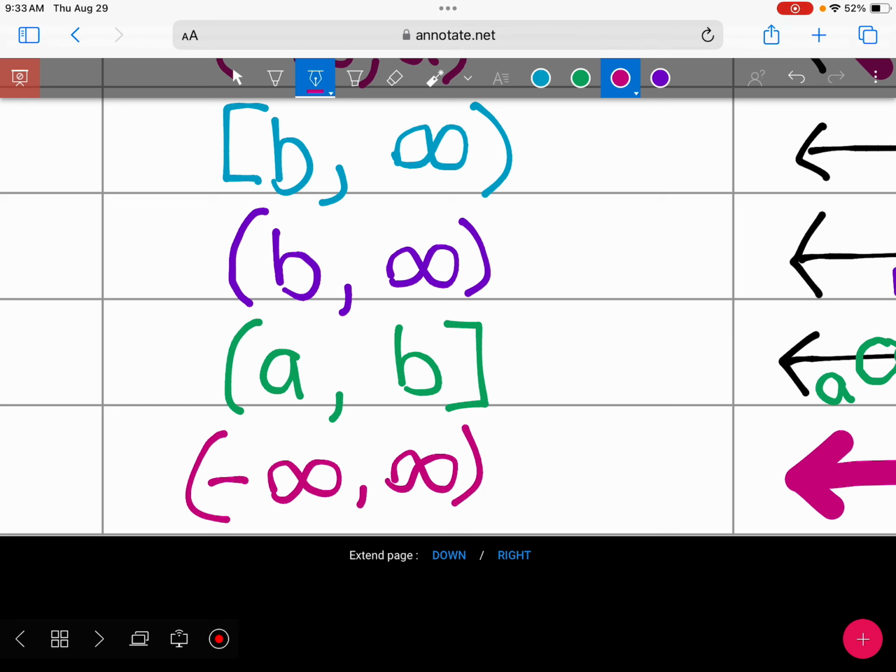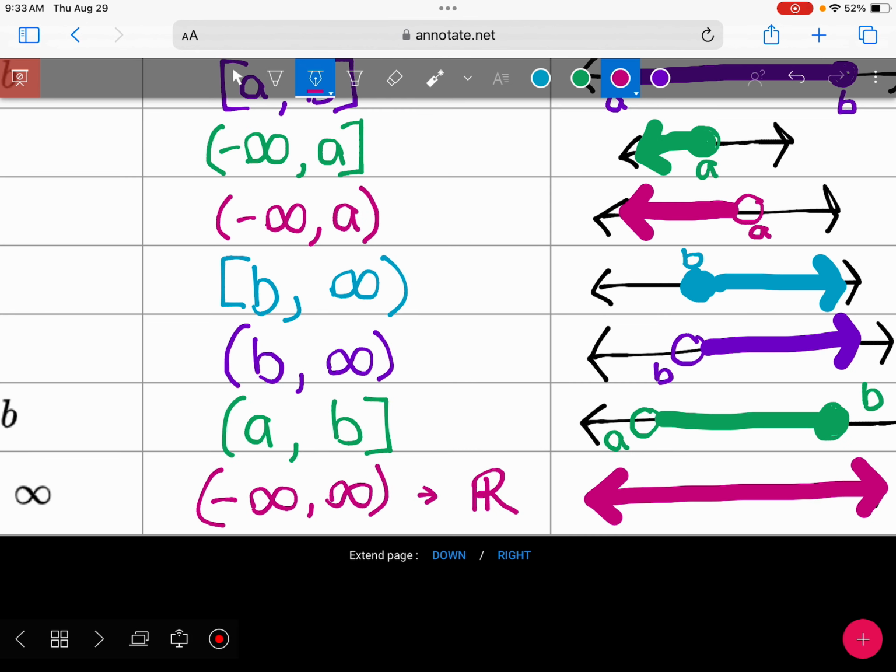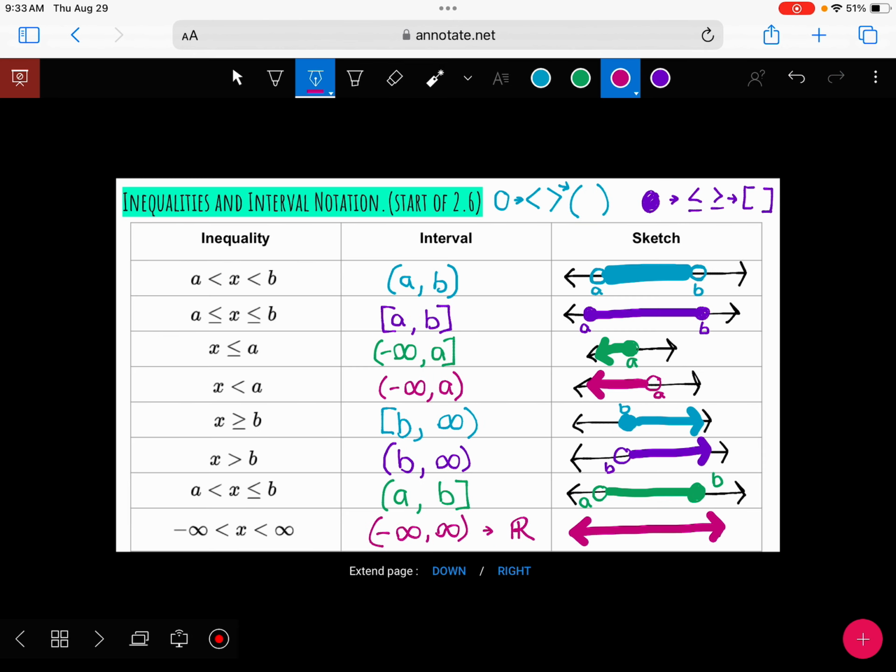Yay. And you can absolutely write it like that. Sometimes in the book they will also write it as this, all real numbers. So you can use either one, but I'm going to use the interval notation for things. And we're going to practice and solve inequalities to get answers and write them as our interval notation.